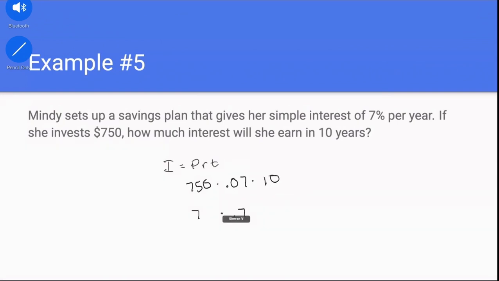First, that's going to be 0.7 times 750, and that's going to get us to 525. So the amount of interest that Mindy's going to earn is I equals $525. So it's pretty simple. This lesson is mainly just plugging in variables.